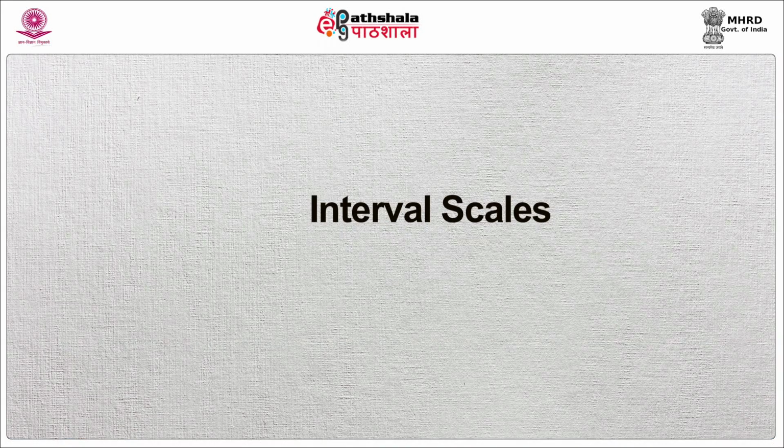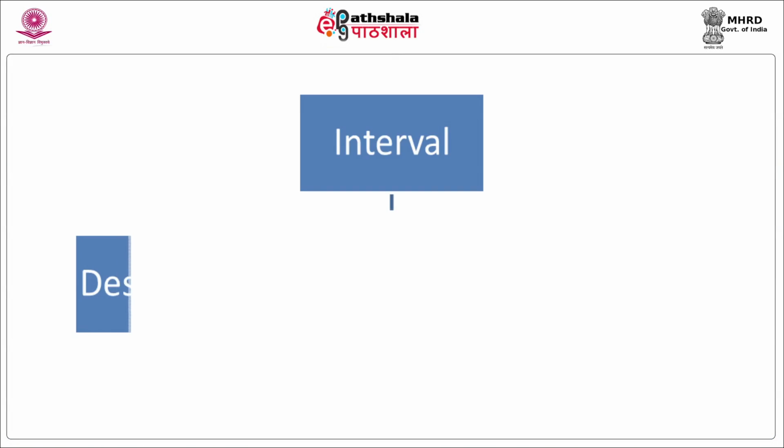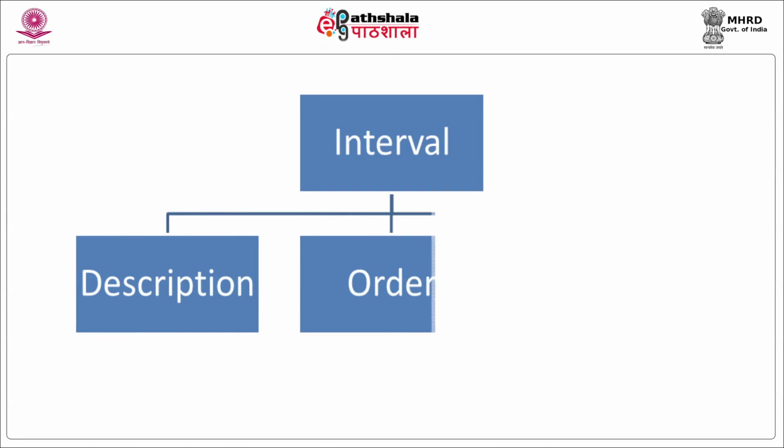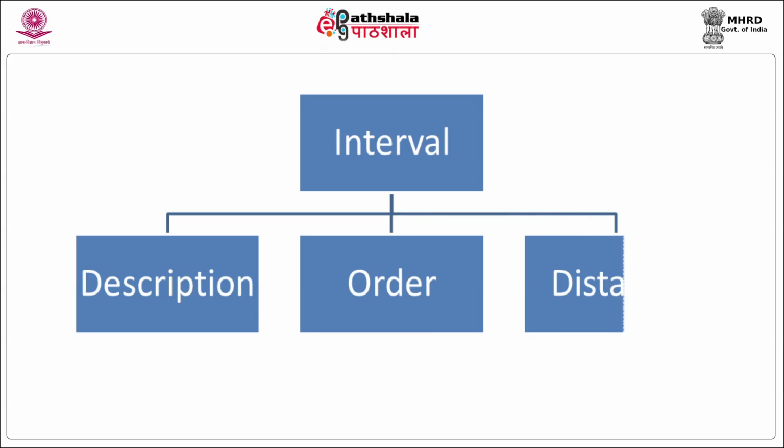The third scale is the interval scale. Interval scales are the scales which have characteristics of both the nominal and the ordinal scale. That is, in addition to description and order, the scale also possesses the characteristic of distance. Interval scales also capture information about differences in the characteristic of the object being measured.